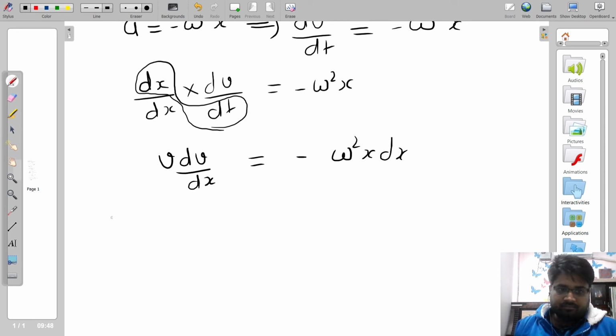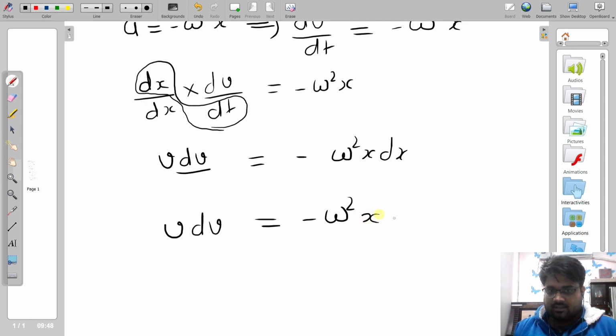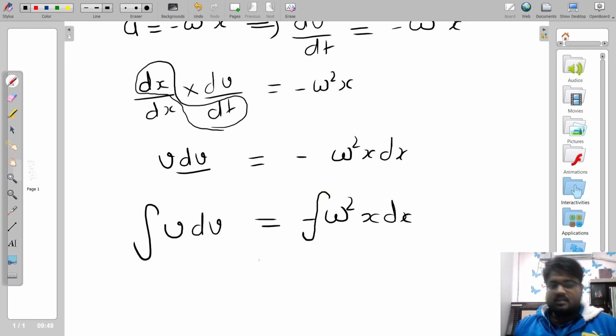Now further, v dv is equal to minus omega square x dx. Now we integrate these two equations. But before putting the limit, I want you to understand something.